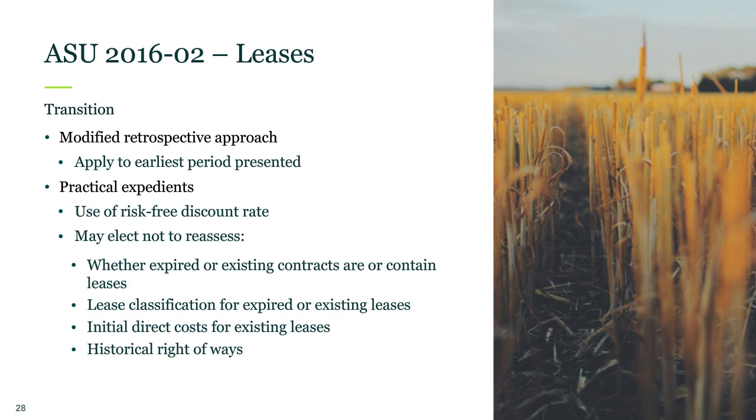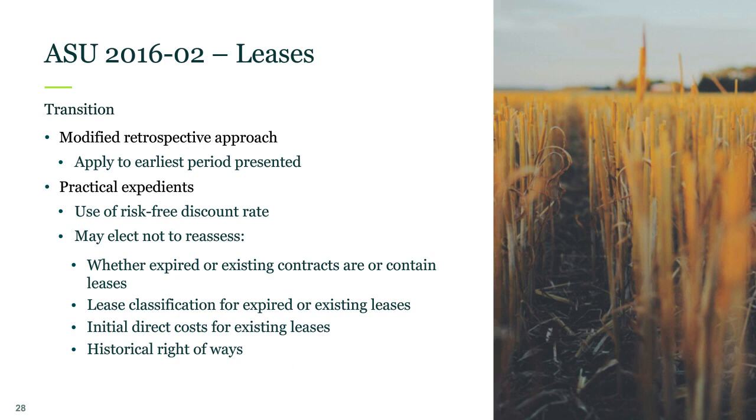And I want to point out that this only changes when the company has to apply the transition requirements. It doesn't change how they're applied. And again, companies will need to determine if they utilize this, they're not going to have comparative statements for a couple of years. So there's some cost and benefits to take into consideration.